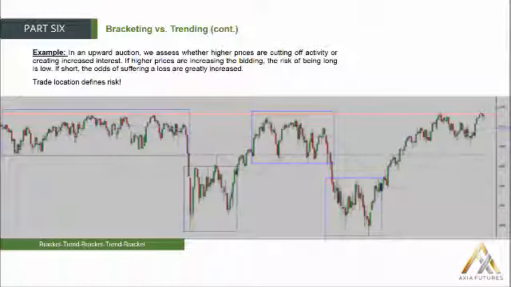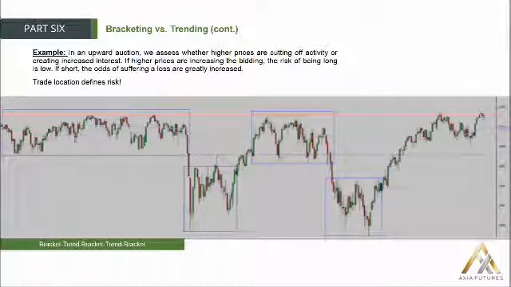So again, we then have our third box, another example of bracketing between buyers and sellers. Note how, where we saw the initiation in the first box, that key level where the dotted line is now acts again as an area where we have responsive buying. So what was initially call it support then became resistance and has now become support again.